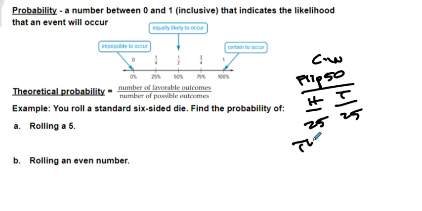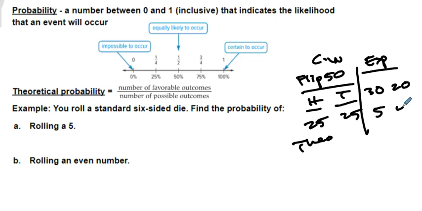That's theoretical. But in practice, or experimental probability, you might get 30 heads and 20 tails, or you might even get like 5 heads and 45 tails. Now, it's not likely that you're going to get that, but it is a possibility.